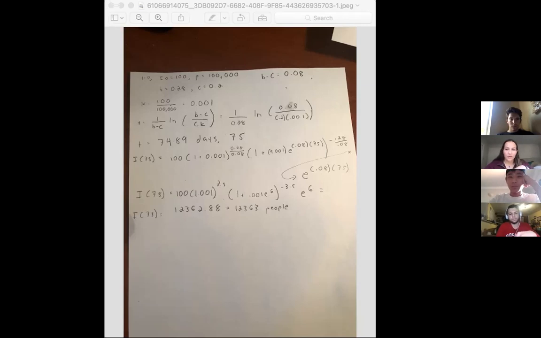And then the last part of the question is asking us to evaluate this through the regular formula. So given the time is 75, we plug everything in. To simplify, you can multiply the 0.28 and the 3.5, and 0.08 times 75 is 6.